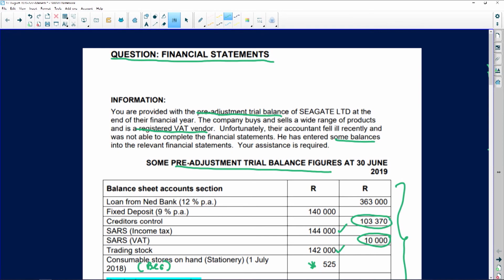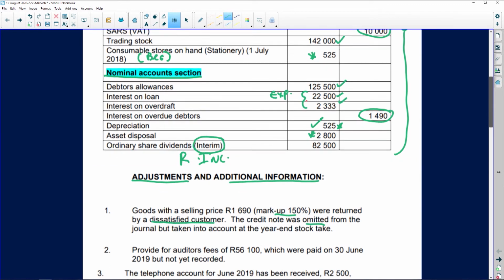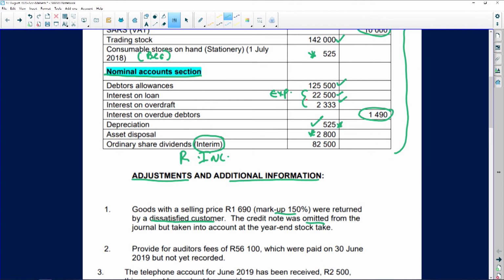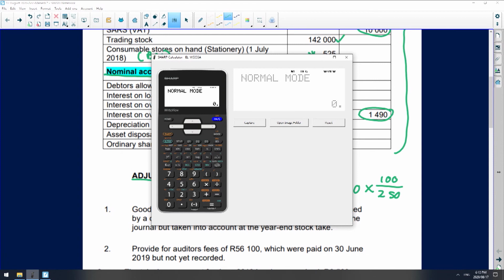So let's quickly work out our cost of sales. Looking at the information, the markup I think is 150%. Let's quickly go back. Yeah, it is. So remember, selling price times 100 divided by 100 plus markup, which is 250. Let's get the calculator out.